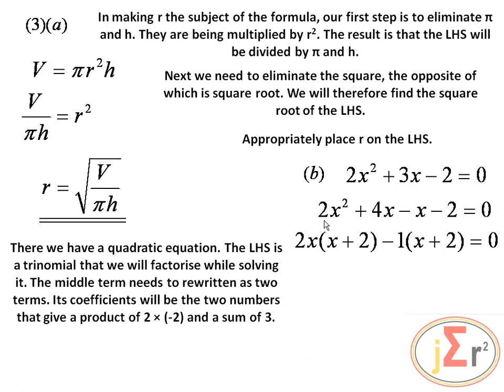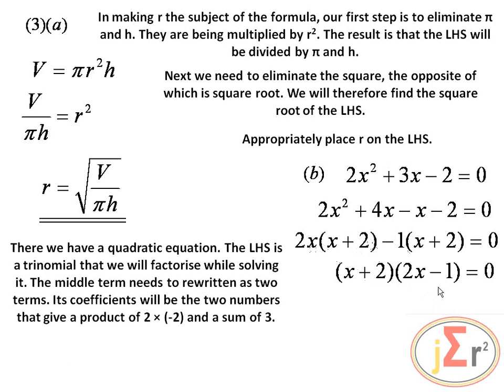The common factor here is 2x and x. Then 2x into 4x is 2. Then we do not see a common factor. We will choose one or a negative one to be our common factor. Negative into negative is positive, and negative into negative is positive. The common factor of x plus 2 goes here, and the other factor 2x minus 1 will go there.